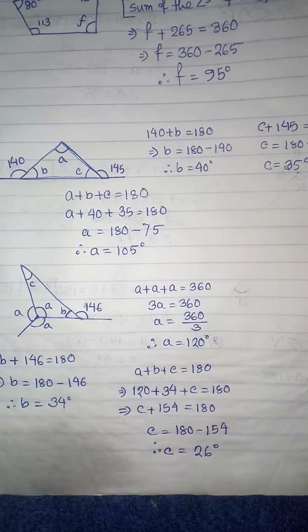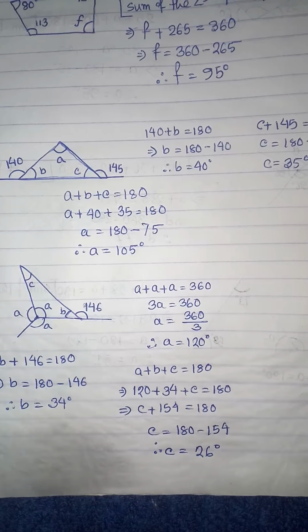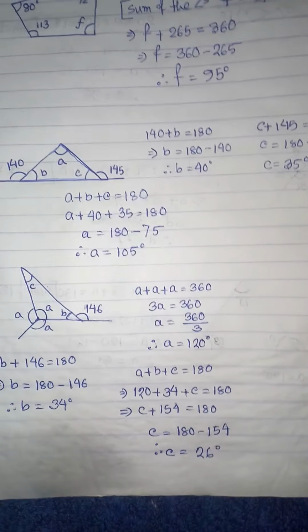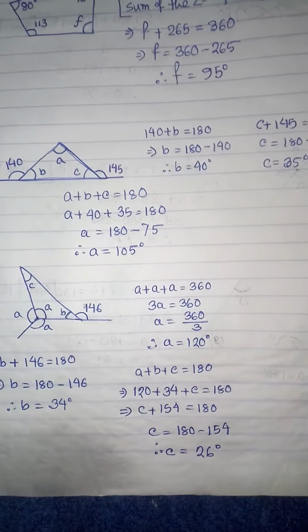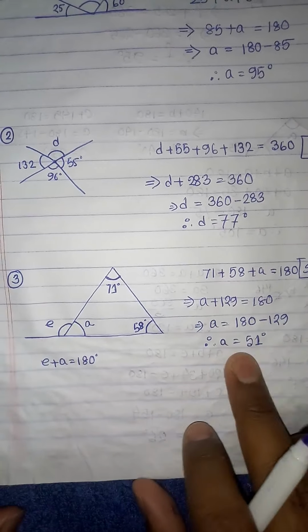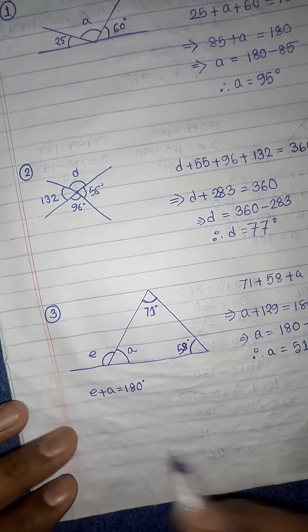Now we will move to some complex solutions. Before going to the next solution, let's rewind to the previous page. The value of A is 51, so what is the value of E? This is number 3, the previous math we have solved.